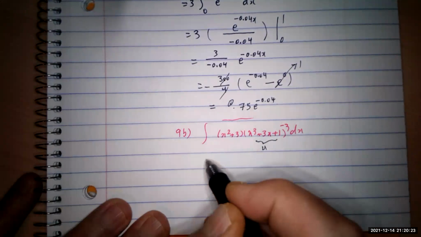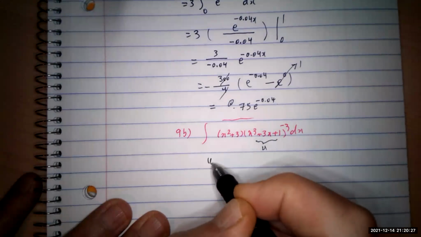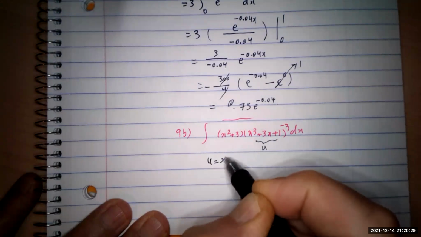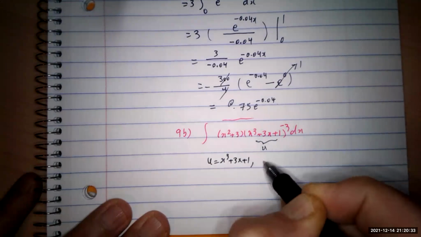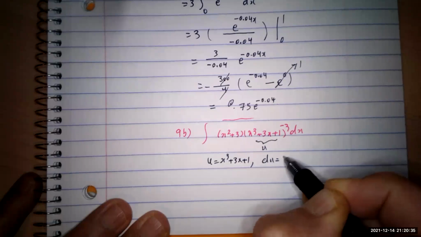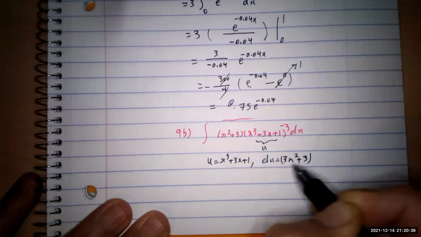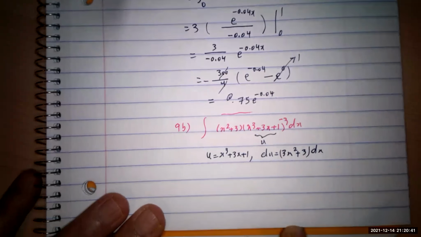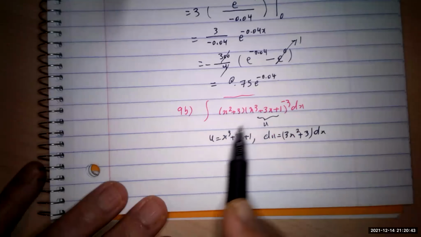So let's see what's the difficulty. This is going to be u equal to x cubed plus 3x plus 1. Then the differential of u is 3x squared plus 3 dx. It's just a technical point here. You go back and substitute.